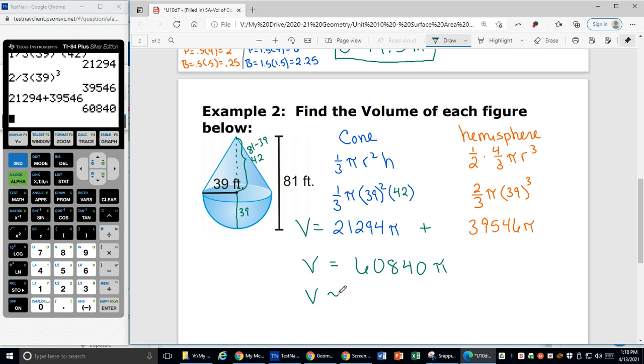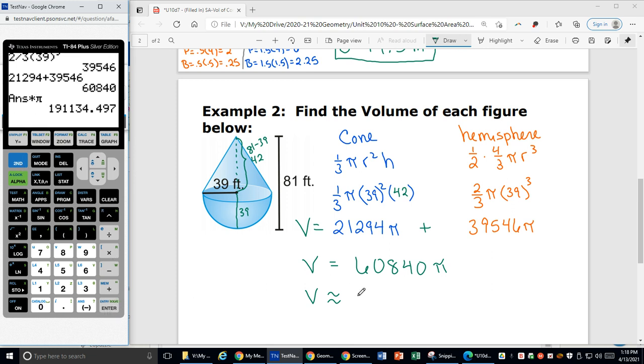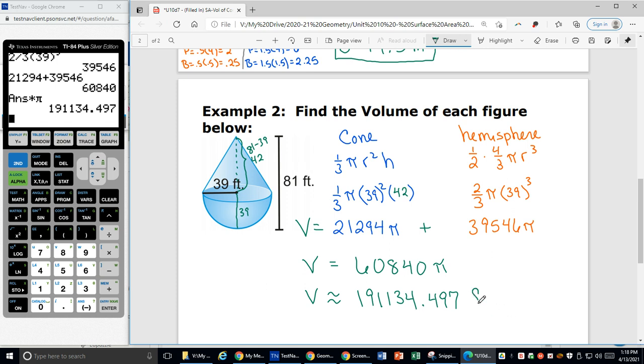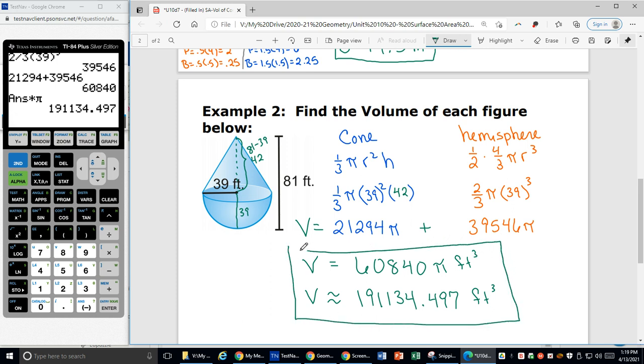That means my approximate answer is, if I multiply this by pi, so I take that last answer and multiply it times pi, which is right there in blue, so second that up arrow. When I hit enter, I get 191,134.497. And these are feet and it's volume, so it's feet cubed. There are my two answers, my exact answer first and my approximate answer second for volume.